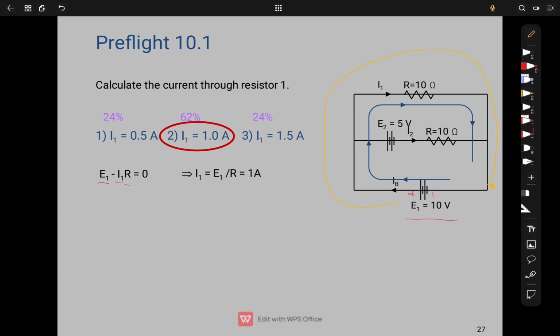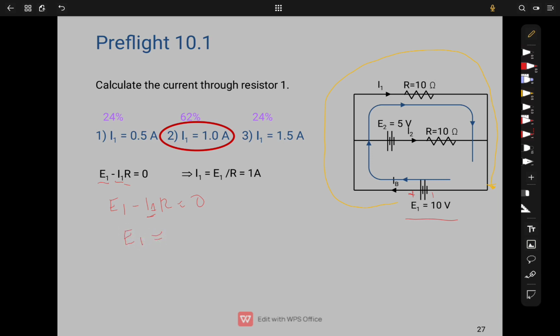So, ang pinapanap sa atin is yung current. So that is I1, right? So we have E1 minus I1 R is equal to 0. So for us to have here I1, lipat natin sa kabila. So we have E1 rather, sorry.